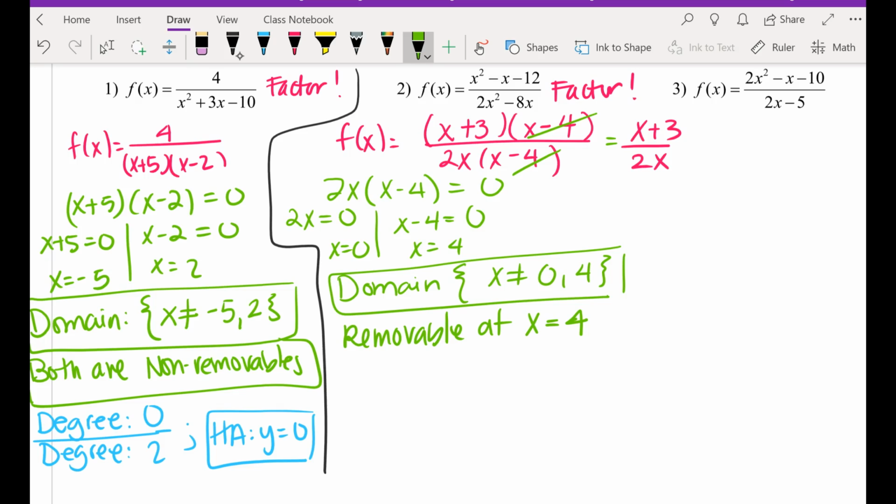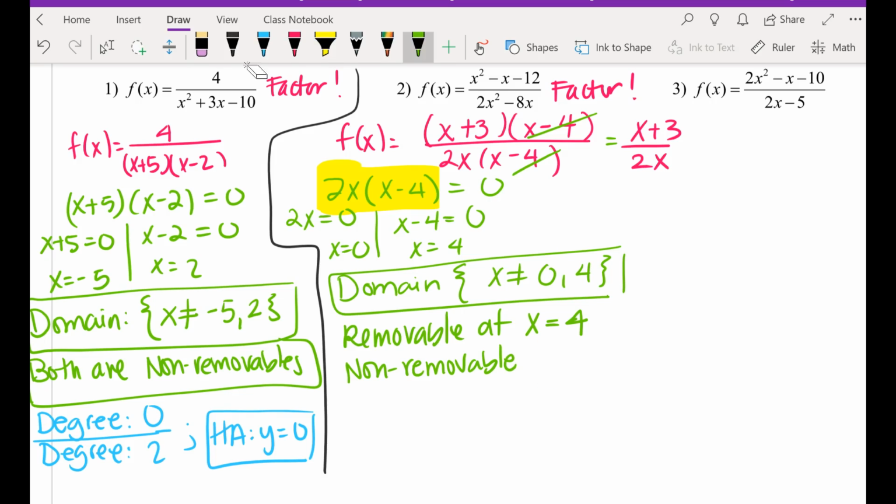Yes or no? Do we have another one that we couldn't reduce? Which one did we not reduce? X equals 0, right? Isn't that the one that didn't get crossed out? So guys, this right here, x minus 4 was able to reduce, be gone, cancel. But the other one that wasn't gone was at x equal to what?